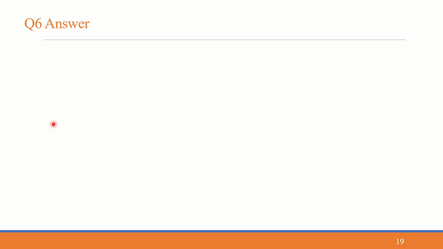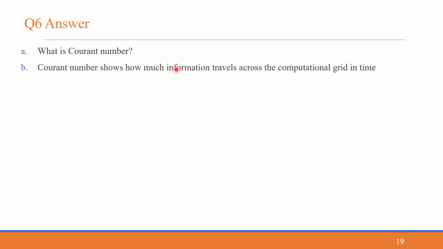So just to give you a quick explanation, what is Courant number? Courant number shows how much information travels across the computational grid in time. It depends on dt and dx. For elliptic problems, elliptic equations are given by del square u equal to 0.